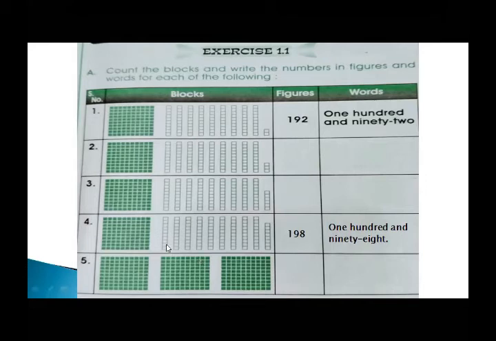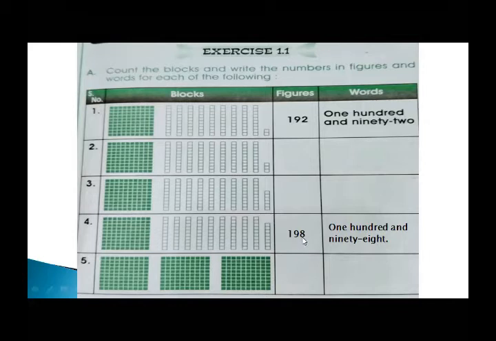Now you start counting the tens columns. 1, 2, 3, 4, 5, 6, 7, 8, 9. Same as above, 9 columns of tens are given here. So you will write 9 at the place of tens. Here count how many blocks of units are given here. 1, 2, 3, 4, 5, 6, 7, 8.